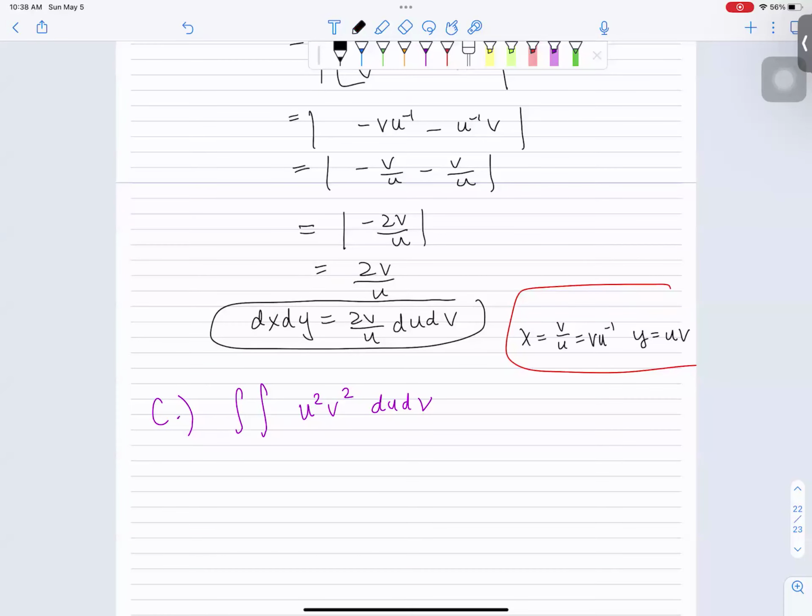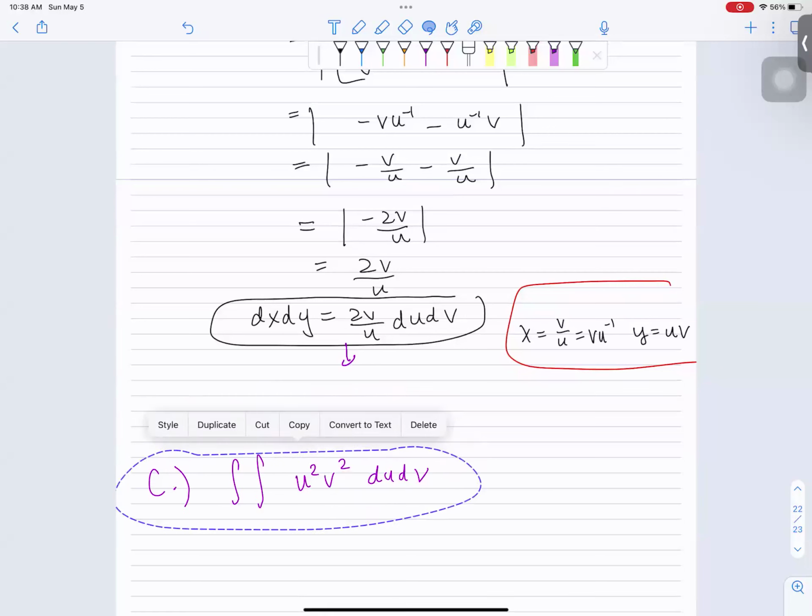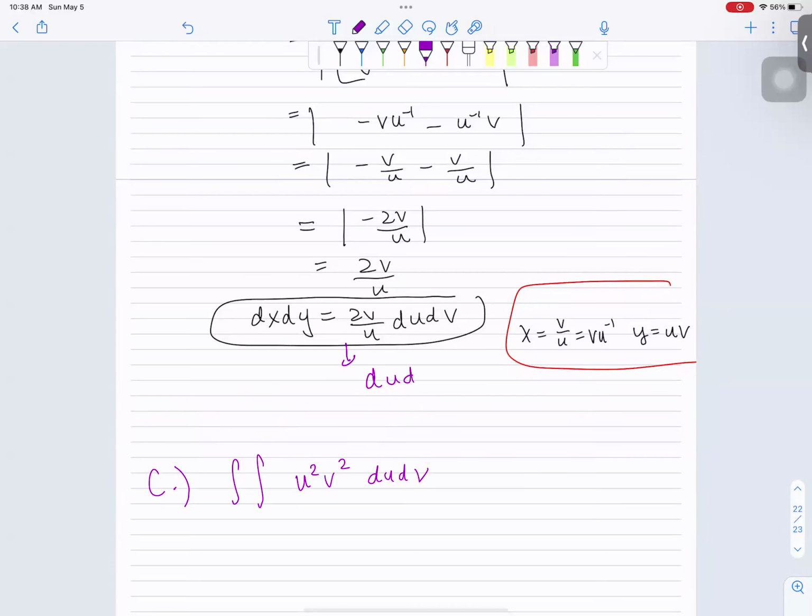Okay, so change of variables, there are 3 parts you need to change. You need to change the differential. What is du dv? From part B, we know what dx dy is, so that means we can get what du dv is. I'm just going to divide by 2v over u on both sides.